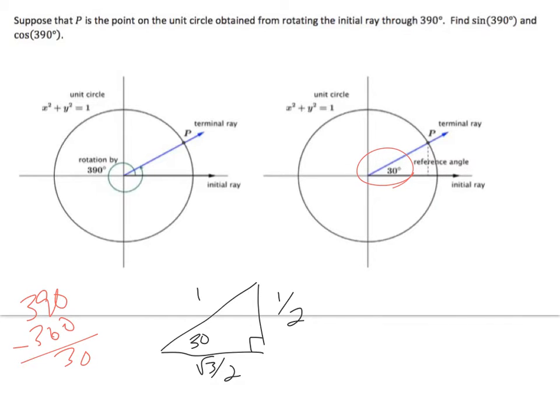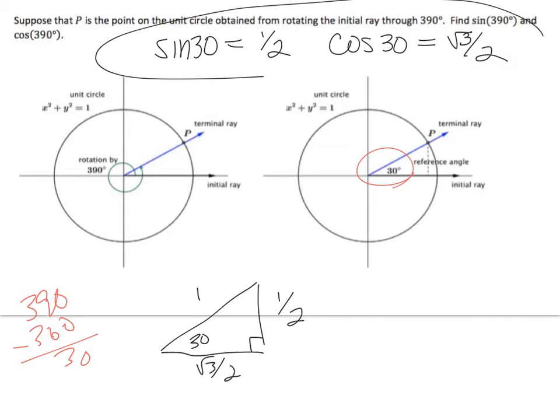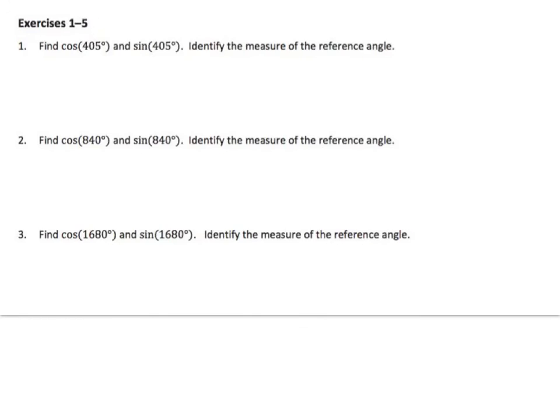So finding sine of 390 and cosine of 390 is actually finding sine of 30, which is opposite over hypotenuse, and cosine of 30, which is adjacent over hypotenuse. I just needed to find my reference angle, which was phi.